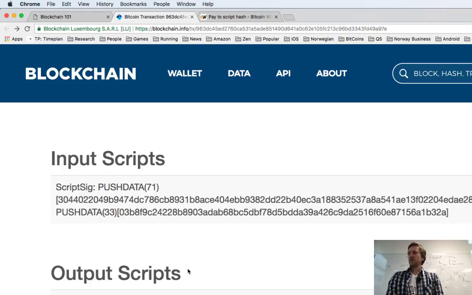Because of the output script, I have to supply my public key or some proof, which then gets duplicated and hashed. So then I can compare. Equal verify will verify the output of the hashing against what was supplied here.